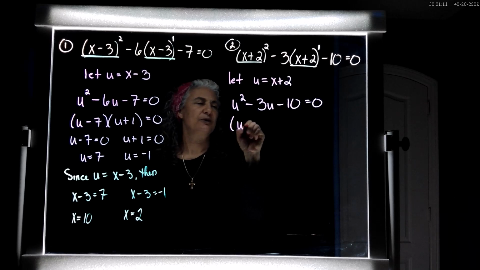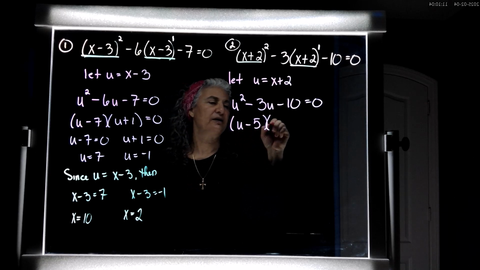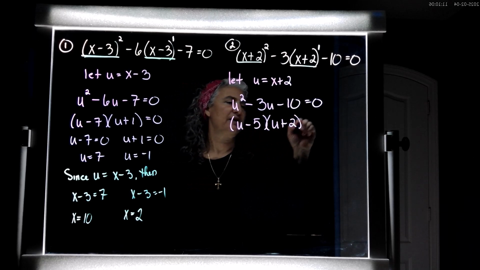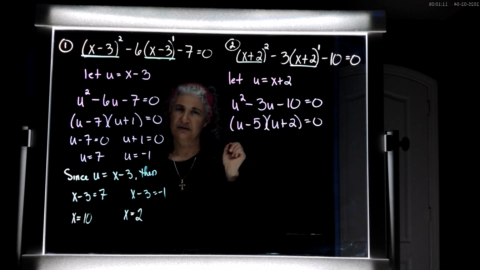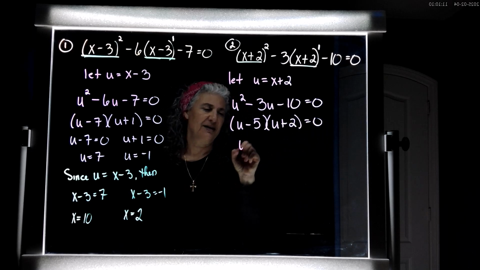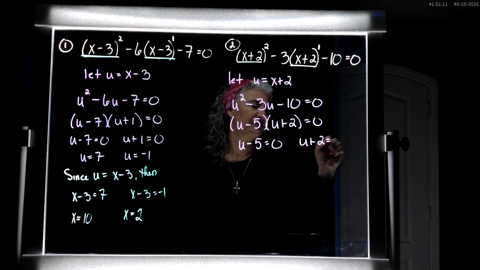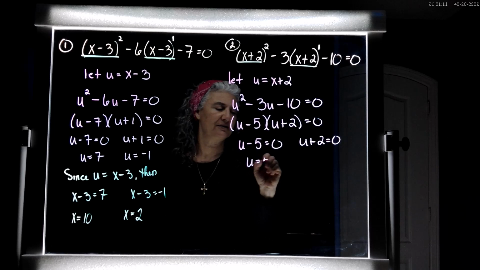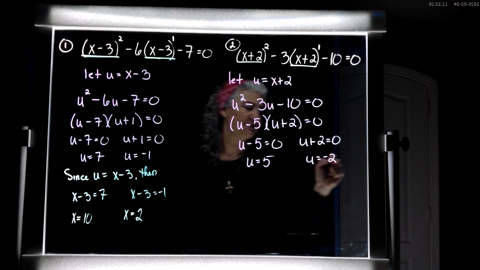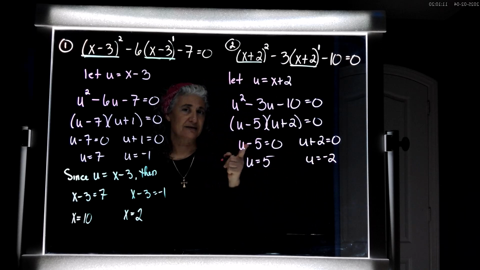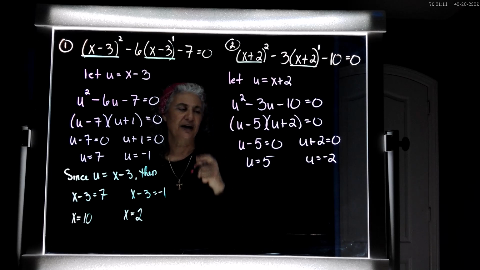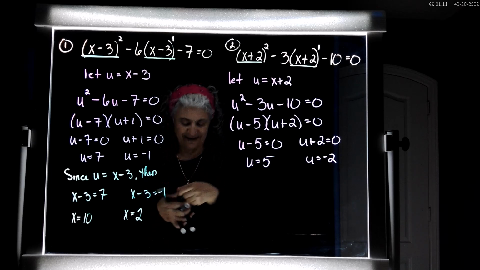Okay. So what do we get? The quantity of u minus 5 times the quantity of u plus 2. Then set each factor equal to 0. Solve. Yes? Making sense? Yeah, because we've done this factoring before in solving, right? Okay, done?